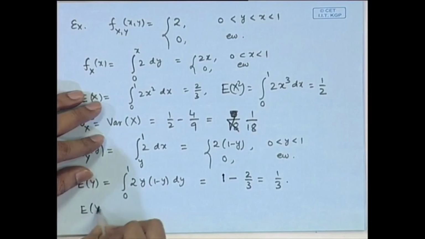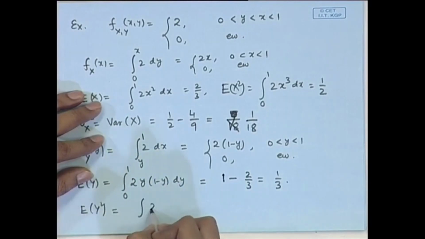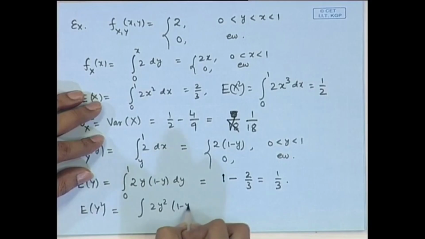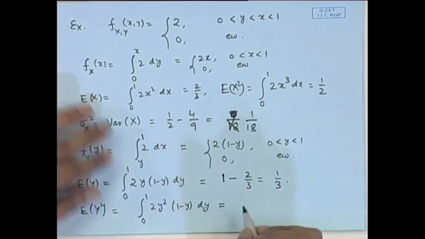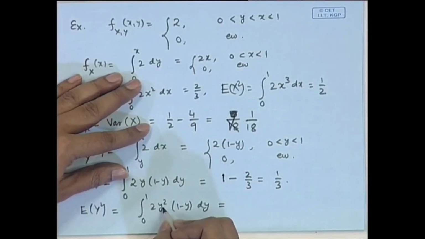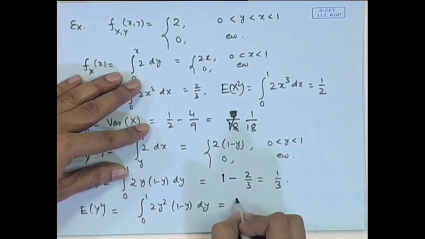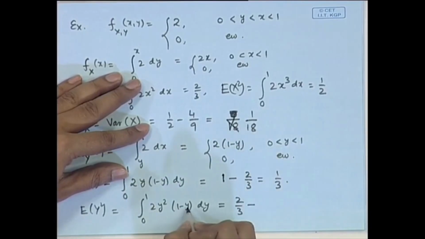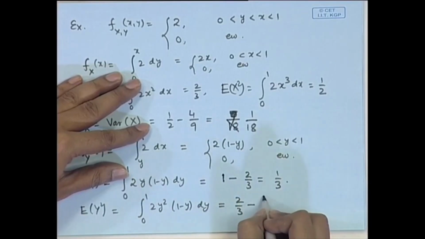Expectation of y square will be equal to the integral of 2 y square into 1 minus y dy from 0 to 1. So, once again 2 y square is integrated to y cube by 3, so this is 2 by 3 minus 2 times y cube integrated to y to the power 4 by 4, so that is 2 by 4, that is half.